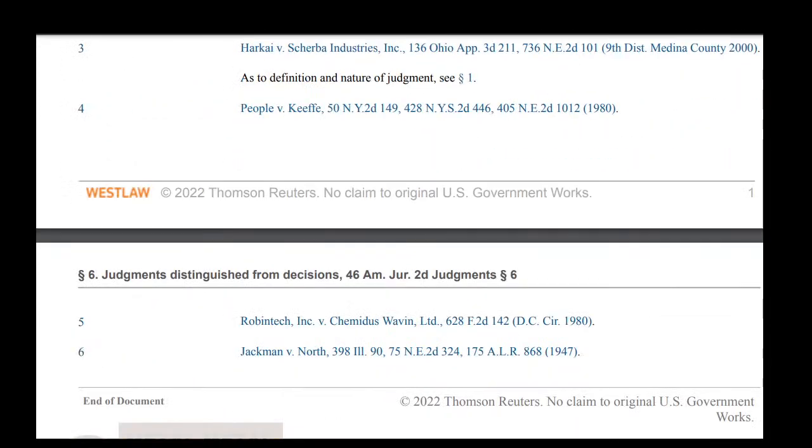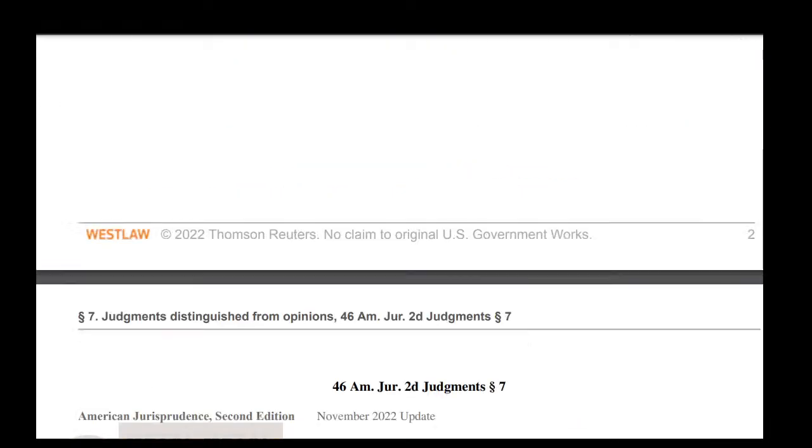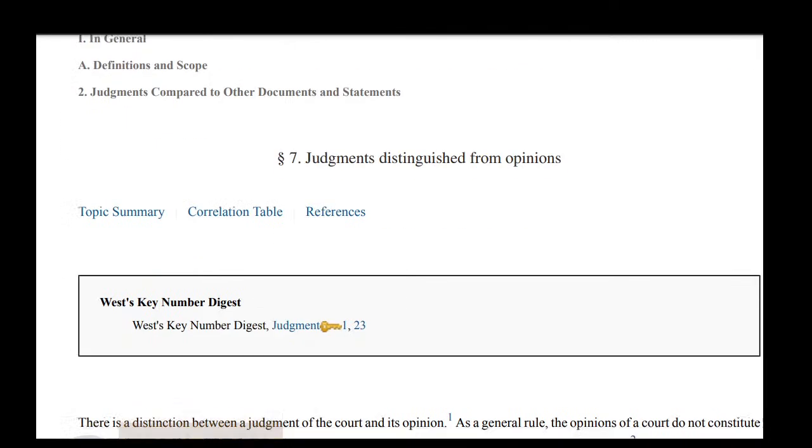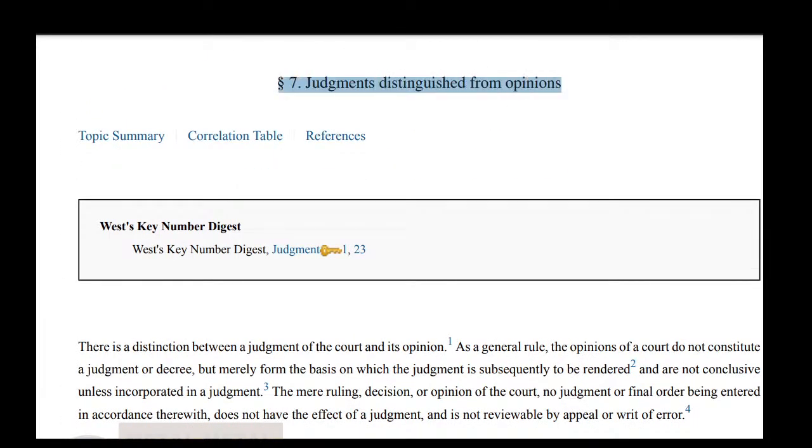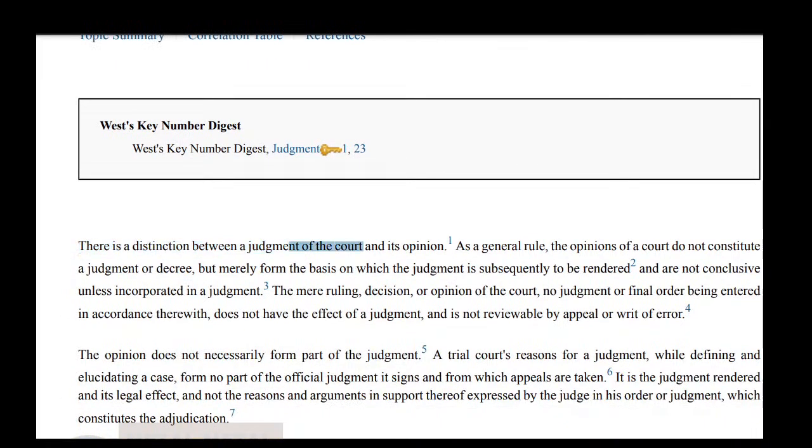All right, and we're on to section 7. Judgments distinguished from opinions. There is a distinction between a judgment of the court and its opinion.